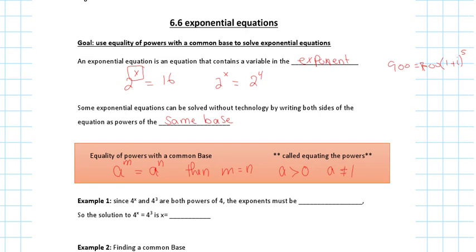Let me show you something. 1 to the power of 10 is 1. How about 1 to the power of 20? Also 1. But is 10 equal to 20? No. So that's the only case that does not work, because 1 to the power of anything is 1, but my exponents are not equal to each other.